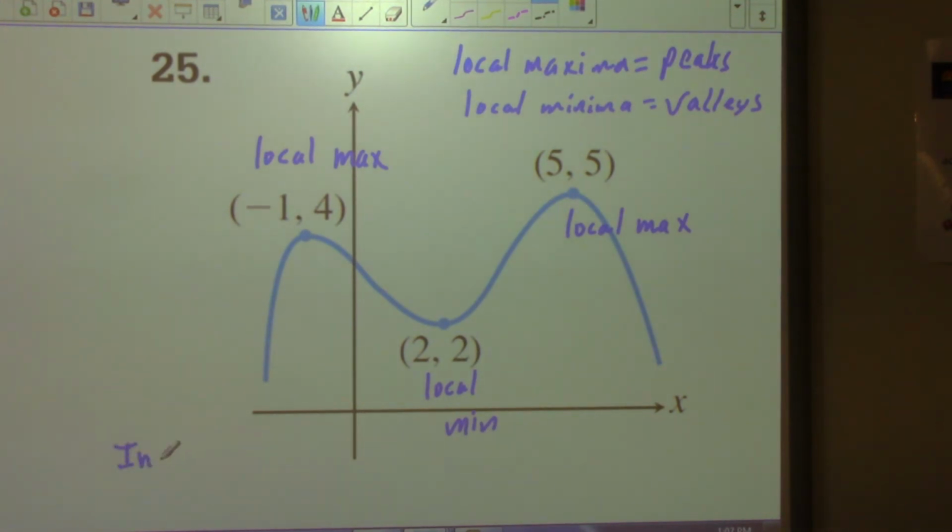So we say the function is increasing on, and when you just say increasing on, that is a shorthand for on the interval of. Okay? So where is this function increasing? From negative infinity to what did you say? Negative infinity to negative 1 or 4.